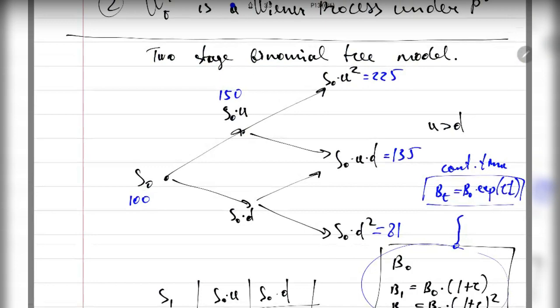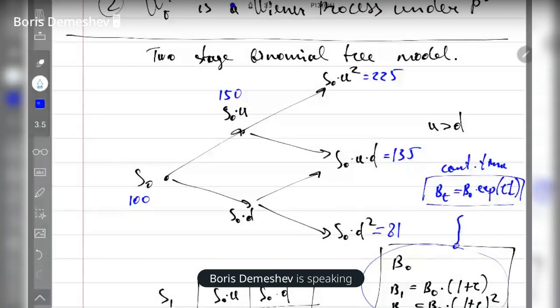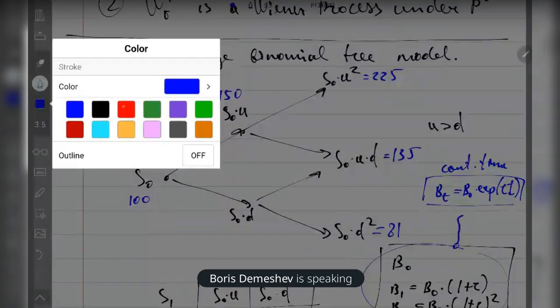I will take a calculator because I'm maybe a little bit bad at arithmetic, to check that I'm right. Okay, that will be 150 multiplied by 0.9. Yeah, I'm right.